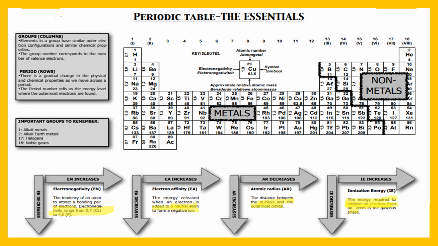Same as electronegativity, electron affinity, and ionization energy increase up the group, but atomic radii increase down the group or decrease up the group.